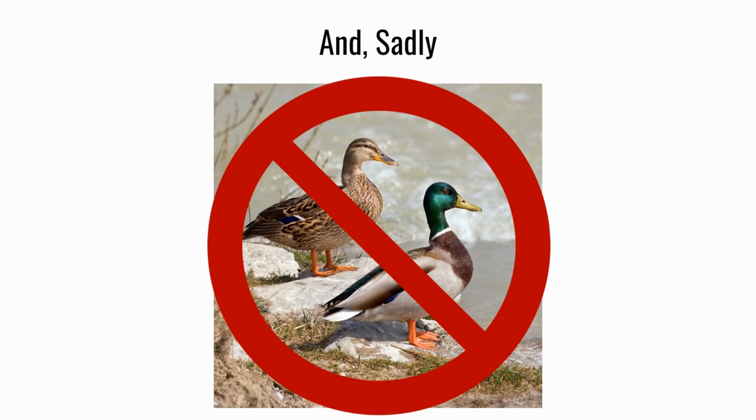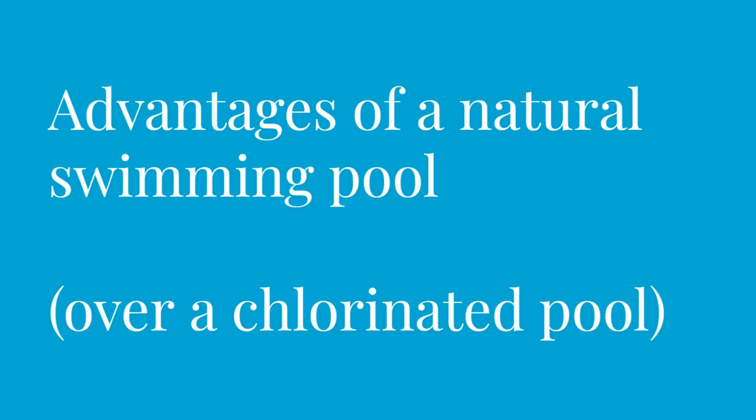It's no fun. We thankfully haven't had it, so I don't know exactly how long it lasts. But you're not going to want to let ducks have a home in your natural swimming pool, so you want to scare them away. Ducks are the actual host for the parasites, so they'll bring it in.